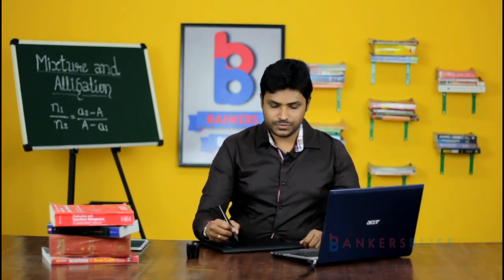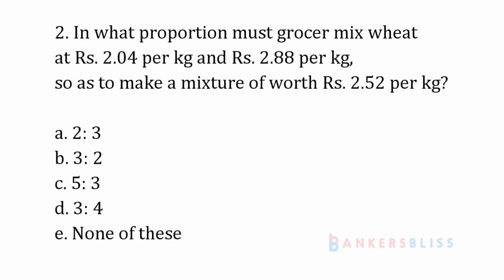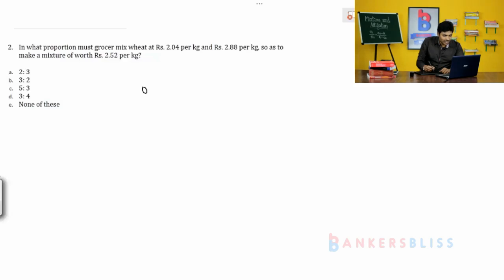Problem number 2. See here, in what proportion must a grocer mix wheat at rupees 2.04 per kg and 2.88 per kg so as to make a mixture worth 2.52? Very similar to the previous one, the greater price A2 is 2.88 and the lower price A1 is 2.04.